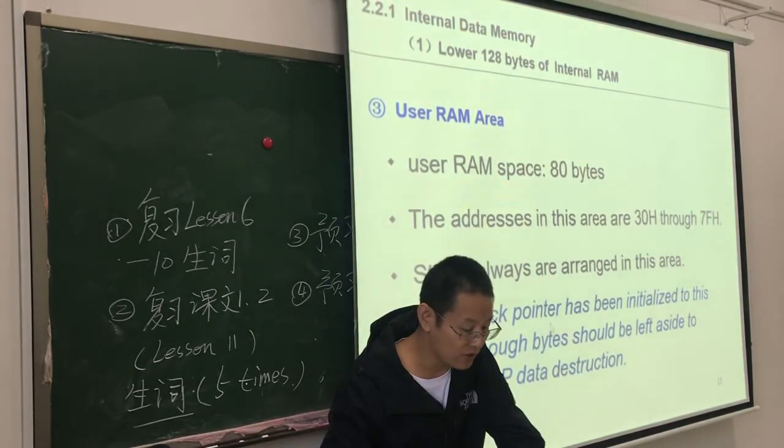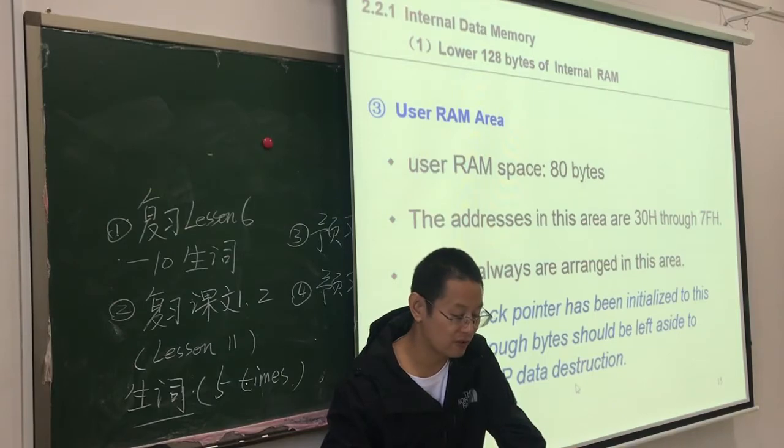If the stack pointer has been initialized to this area, enough bytes should be left aside to prevent SP data destruction, which means you have enough space for the stack.